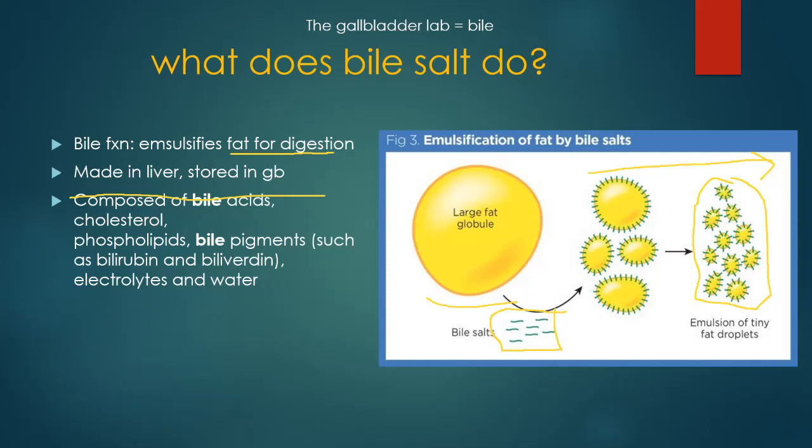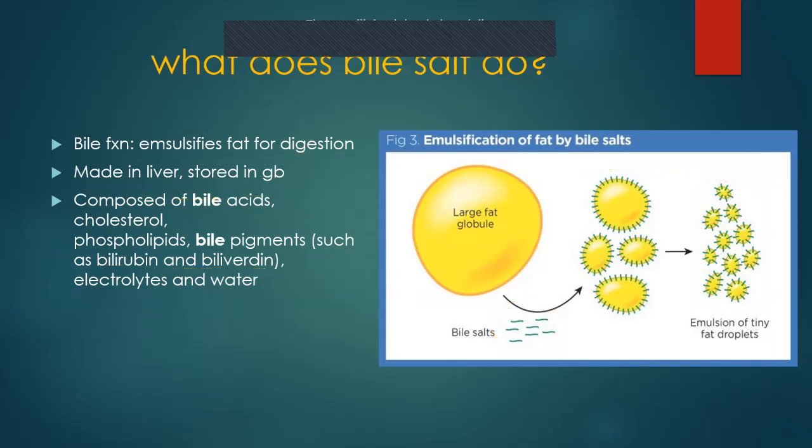Bile is made of a whole bunch of things, including cholesterol, phospholipids, and a bunch of bilirubin and biliverdin, as well as electrolytes and water. So cholesterol is actually helpful to break down fat. So that's another example of why we need to eat cholesterol, and fat-free diets don't always do well, except if you have a gallbladder problem.